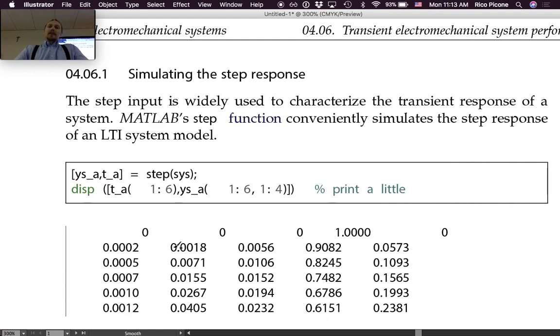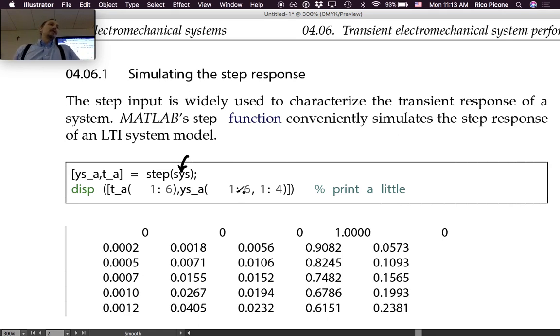MATLAB's step function conveniently simulates the step response of one of these LTI system models, one of these state space MATLAB model objects. So we defined that object as sys, right? So we just hand that to this step function.